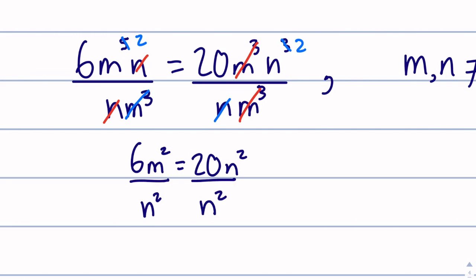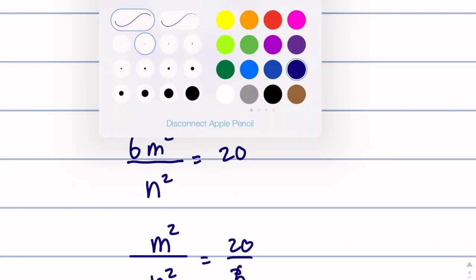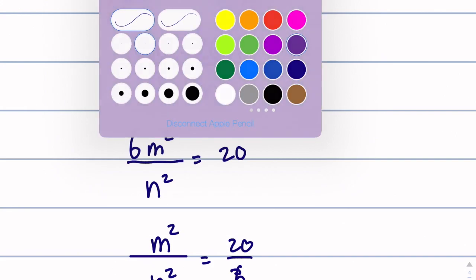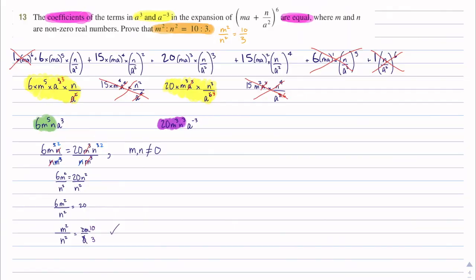So now I have 6m squared over n squared equals 20. Divide both sides by 6, I get m squared over n squared equals 20 over 6. What is 20 over 6? That simplifies to divide them both by 2, 3 on the bottom, 10 on the top. Proven. Done. Woo! Yeah!